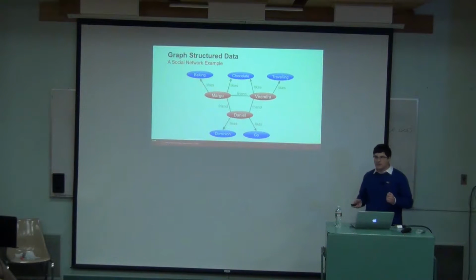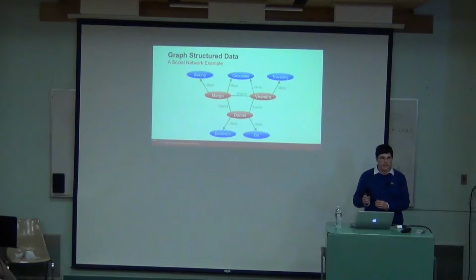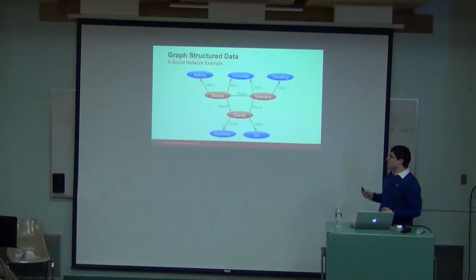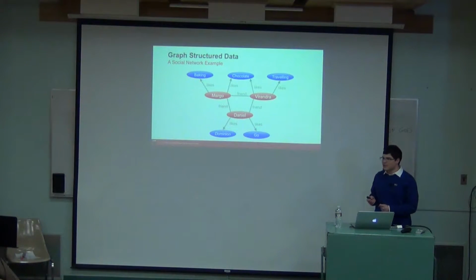They are representing people, so they are my collaborators. Then you have several pages, and then you have edges. So Margo and Virendra are friends, so they have an undirected edge between them called friend, and Margo likes baking, so there's a directed edge from Margo to baking.